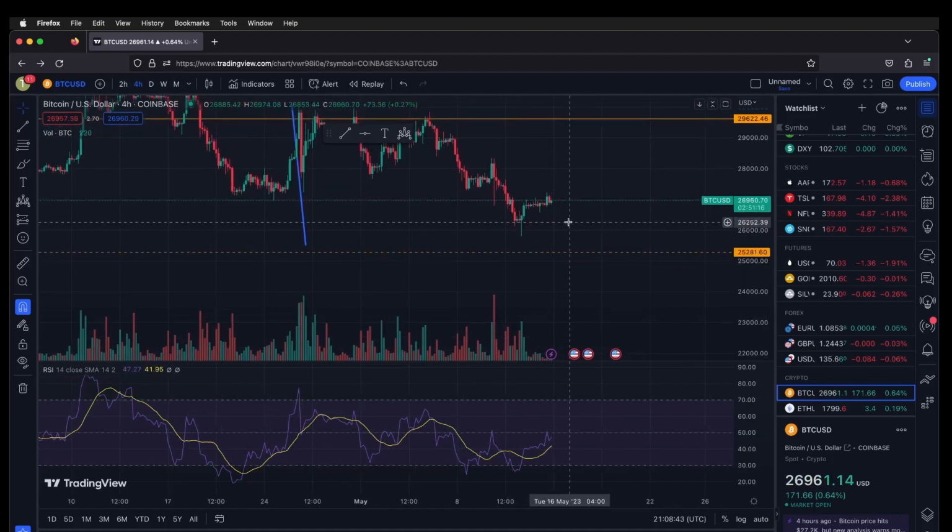Let's take a look at the 4 hour. It's making higher highs and higher lows. So that's good, but it has not.